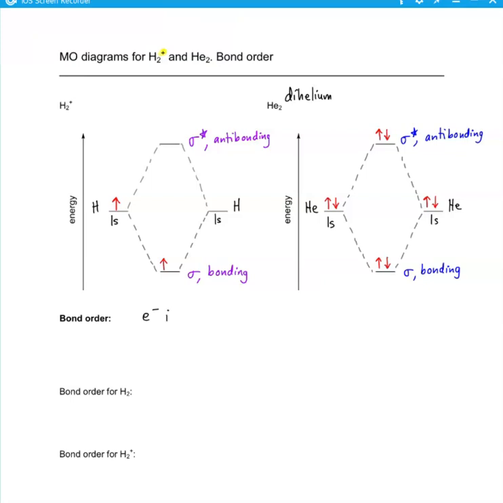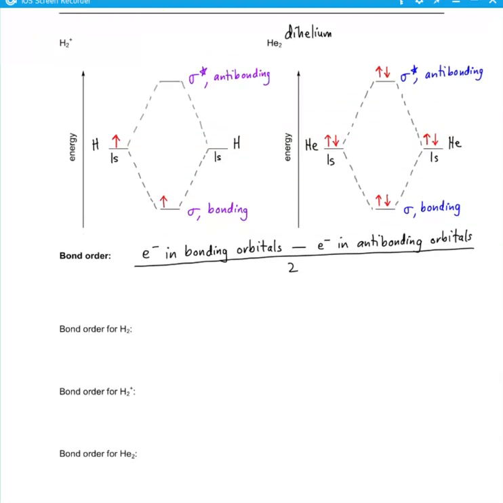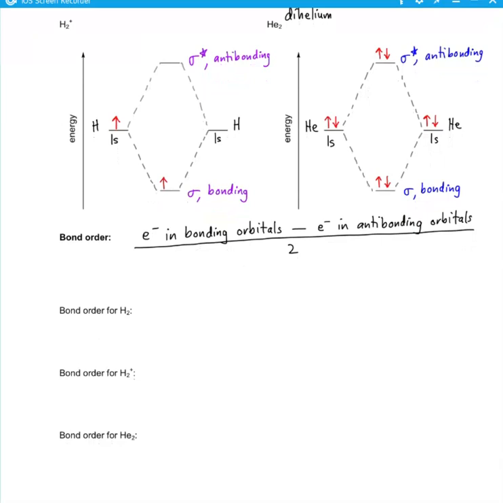We take electrons in bonding orbitals, and subtract electrons in antibonding orbitals, and we divide that by 2. So for a particular bond, we're going to take the electrons that are in bonding orbitals associated with that bond, subtract off any electrons that are in antibonding orbitals related to that bond, divide the result by 2.